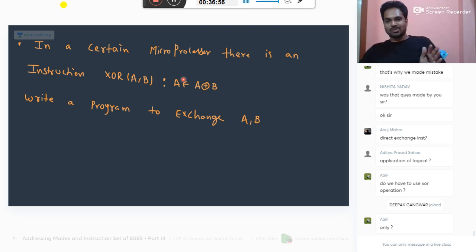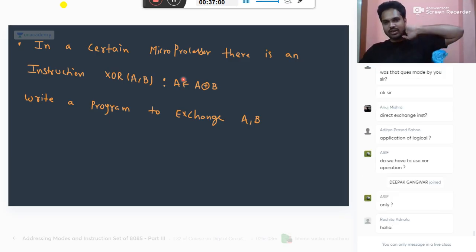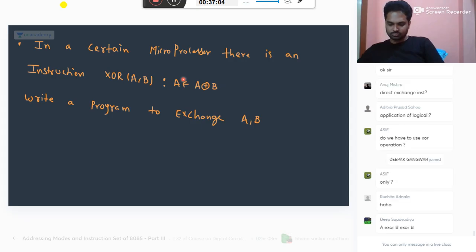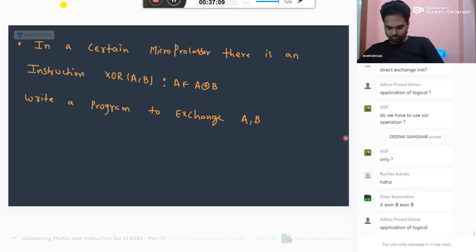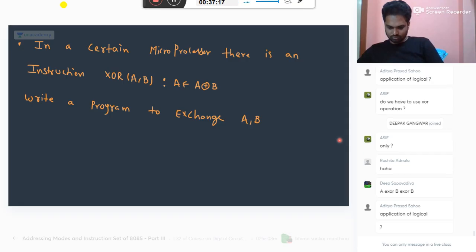There are so many applications, and we'll discuss them. First, let's do this problem. Shall I do it or will you try? Use this instruction and do it.